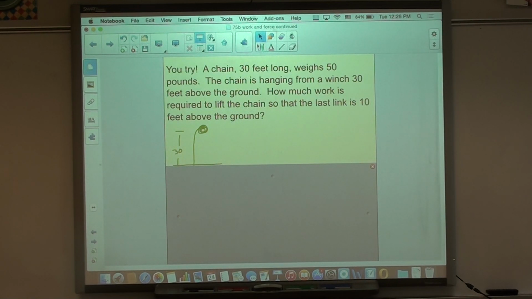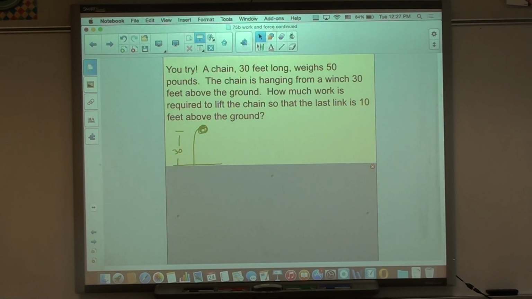Say my chain is hanging 5 feet off the ground. How much chain is there? So if my y is 5, the length of chain is 25 feet. If my y is 10, my length of chain is 20 feet. So in general, how could I write a function to give me the length of the chain?